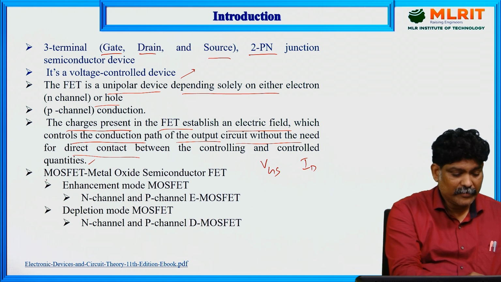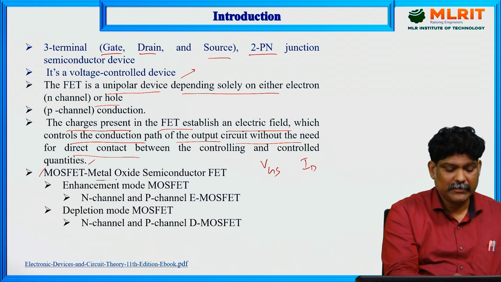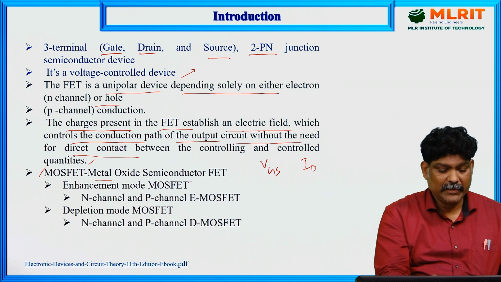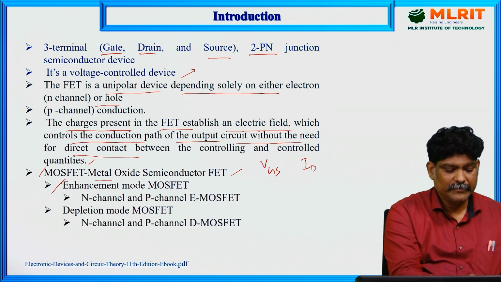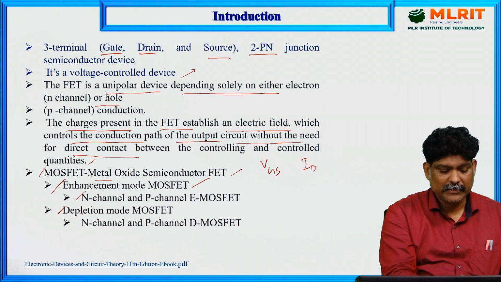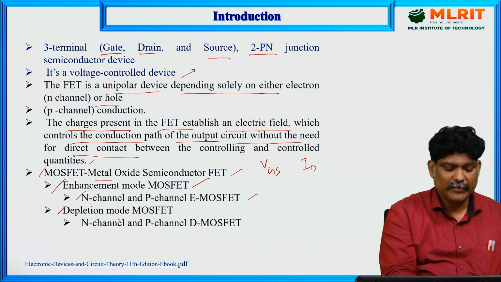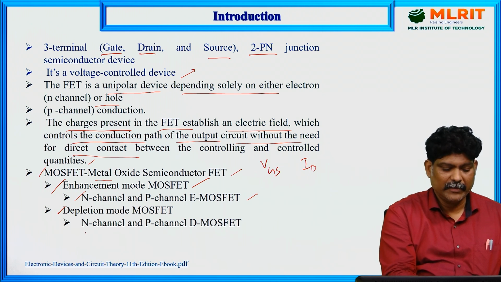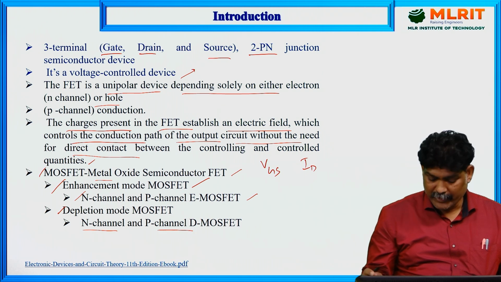Coming to the MOSFET, it is an abbreviation for Metal-Oxide Semiconductor Field Effect Transistor, and there are two types. It can be divided into enhancement mode MOSFET and depletion mode MOSFET. Enhancement mode is subclassified into N channel and P channel E-MOSFET, and depletion mode MOSFET is again subclassified into N channel and P channel depletion mode MOSFET.